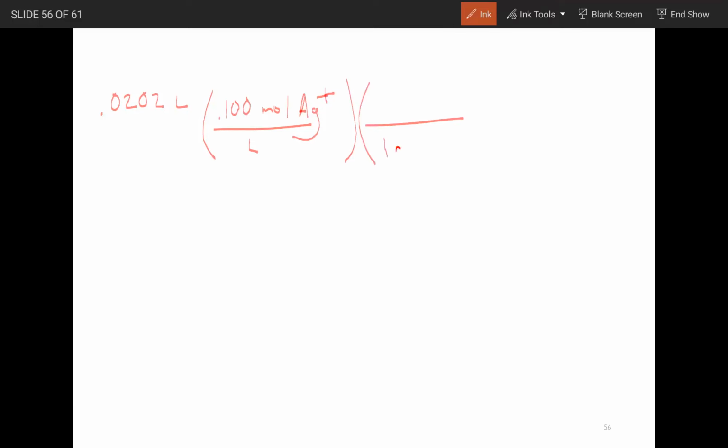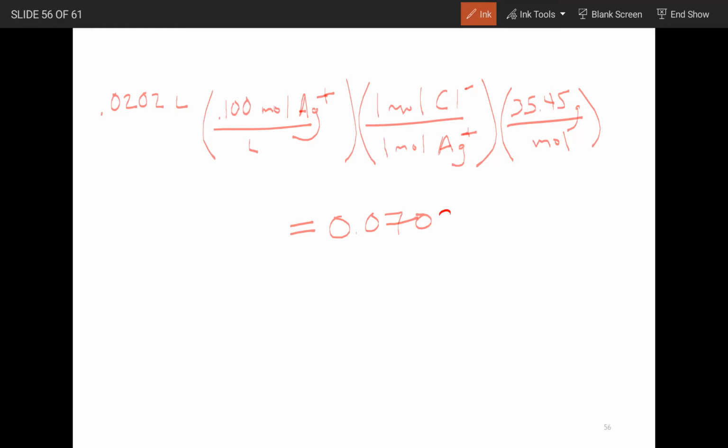Then 1 mole silver ion, according to that reaction, is equivalent to 1 mole of the chloride ions, which have a molar mass of about 35.5. When we plug this in, we see that in that sample there's going to be 0.0709 grams of those chloride ions.